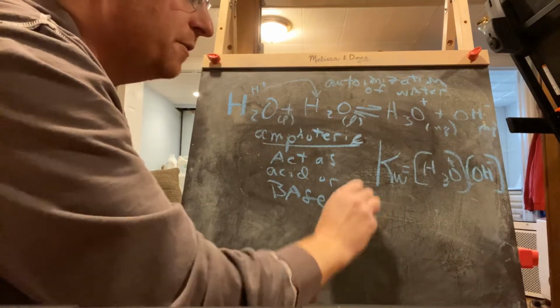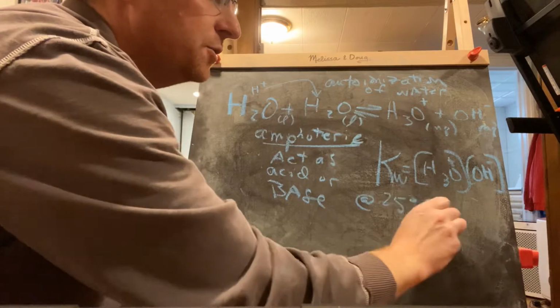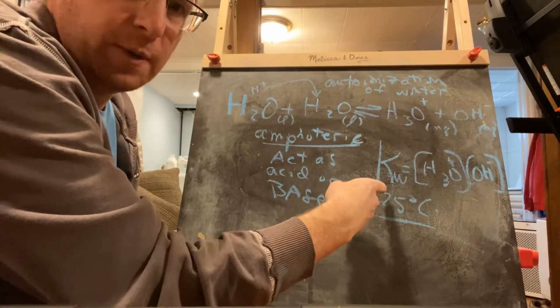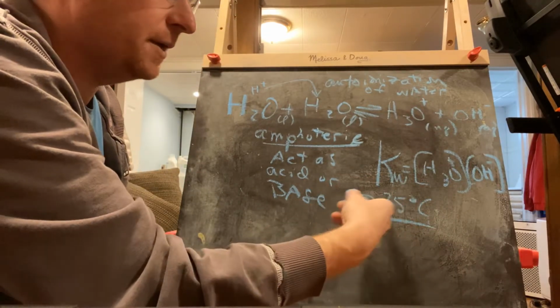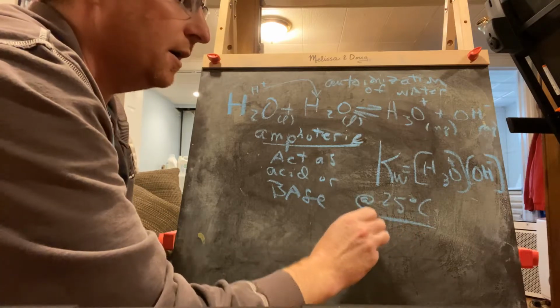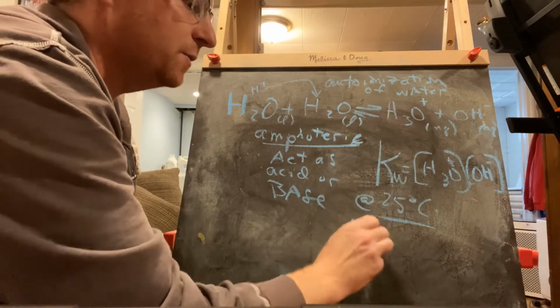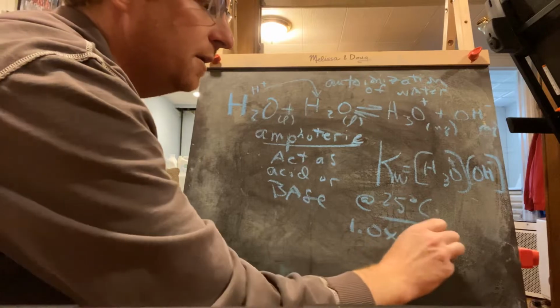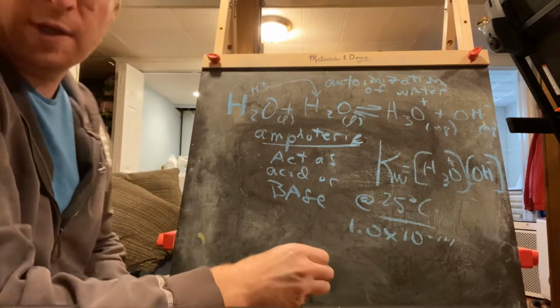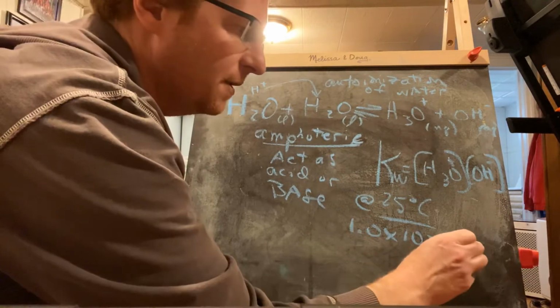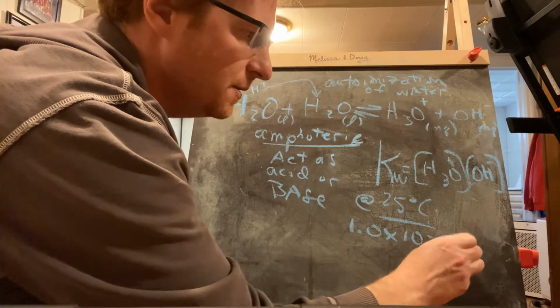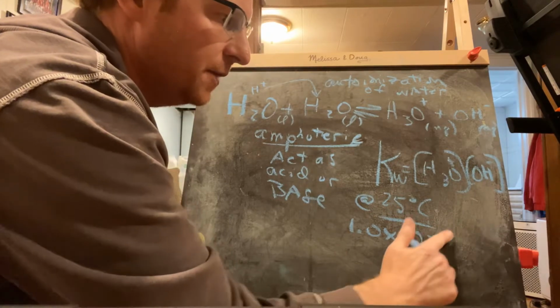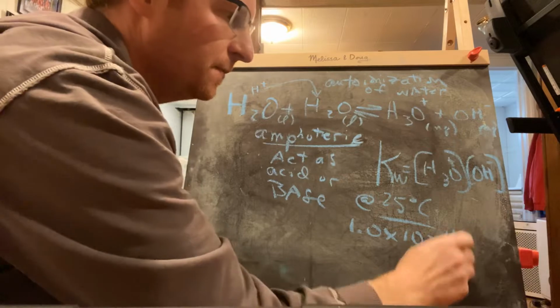And at 25 degrees, remember, temperature is the only thing that changes your equilibrium constant number. At 25 degrees, the number for Kw is 1 times 10 to the negative 14th. Okay, that's a given. So that is a constant, will not change unless you change the temperature.